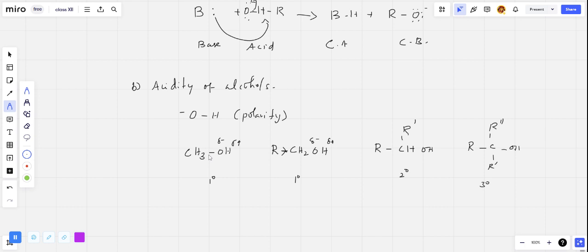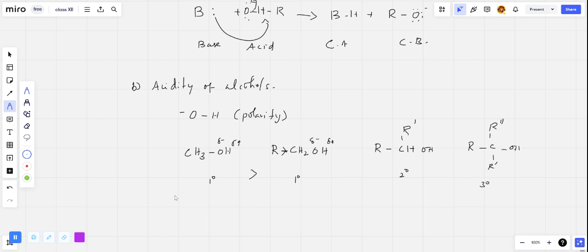So if there is no alkyl group, it will have more acidic character. But if one alkyl group is present, as it releases electrons to oxygen, it increases the electron density, so it decreases the polarity.